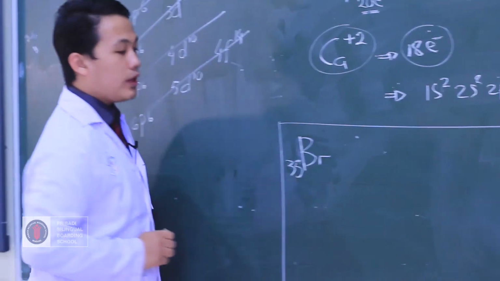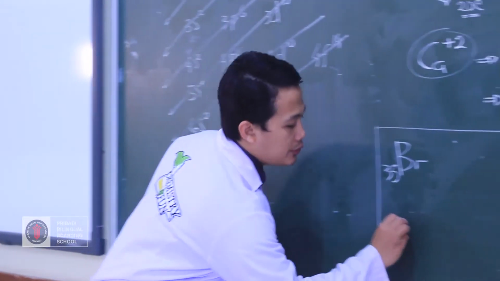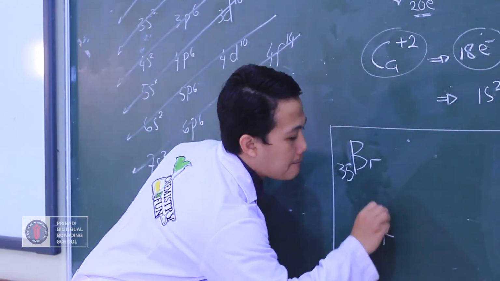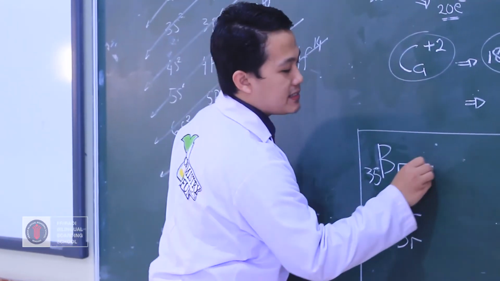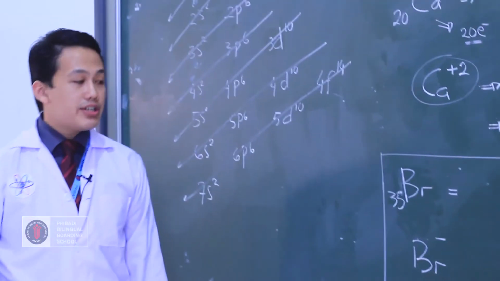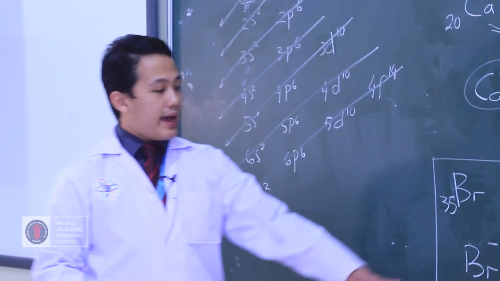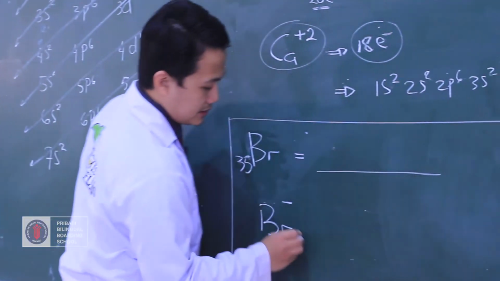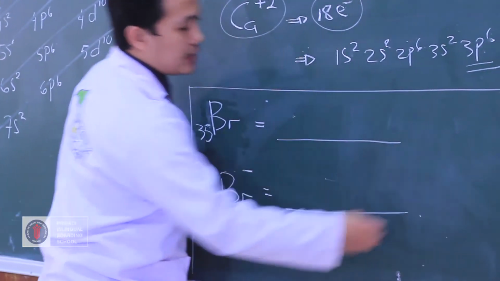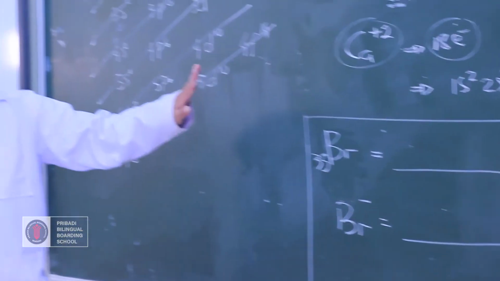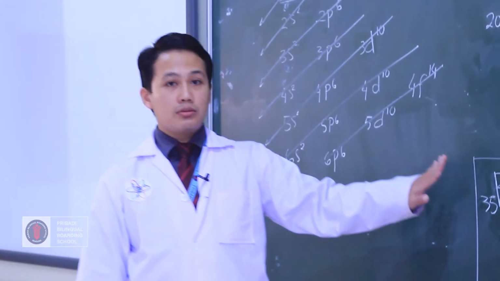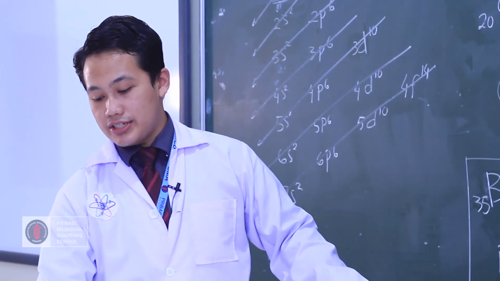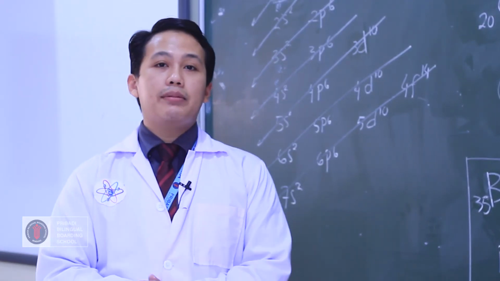And then what happens if you have Br minus? So please try to write the electron configuration of Br 35 and Br minus, or bromine minus. After you are able to write down the electron configurations, I hope you have no problem anymore.